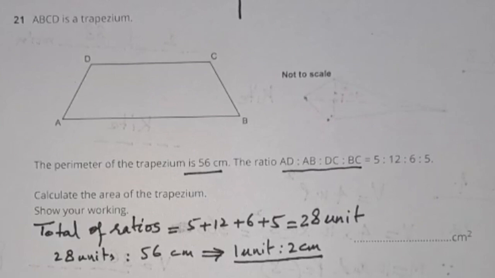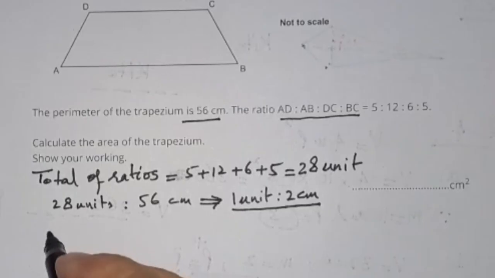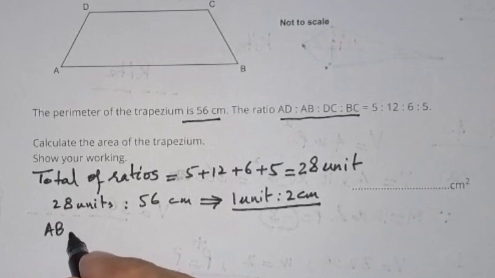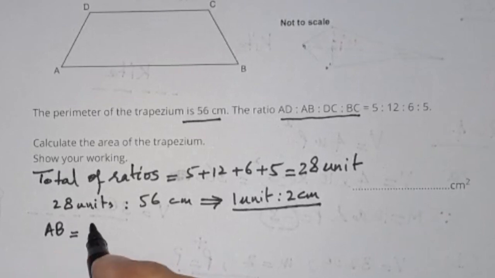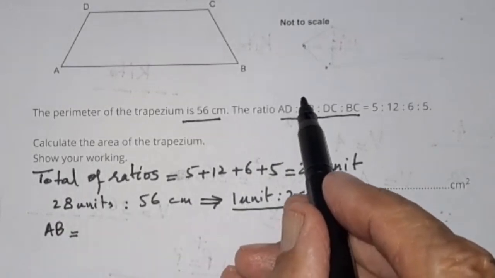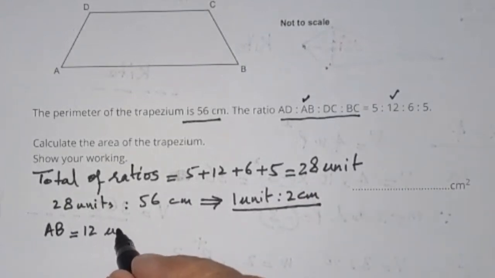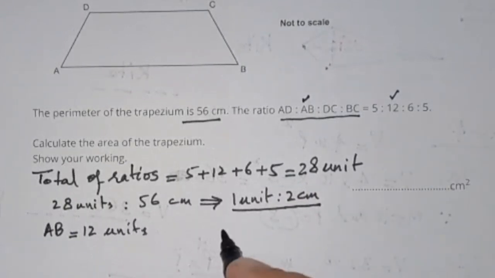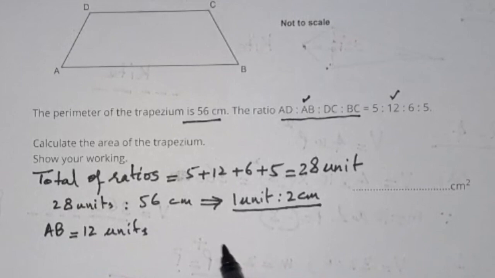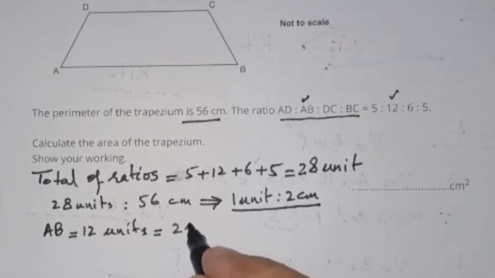Now when we look at AB, it is equal to the second one, 12 units, and equal to 24 centimeter.